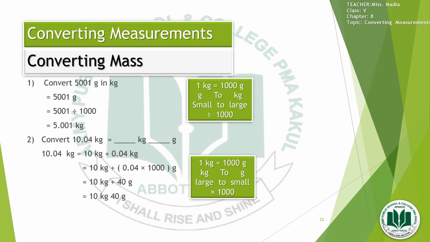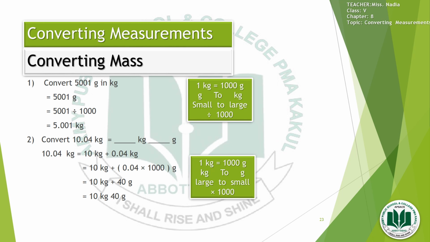The same rule we will follow for converting mass, that is, to convert large unit to small unit we will multiply, and to convert small unit to large unit we will divide. Here 1 kilogram is equal to 1000 gram, so we will multiply or divide by 1000. Example 1 is convert 5001 gram into kilogram.